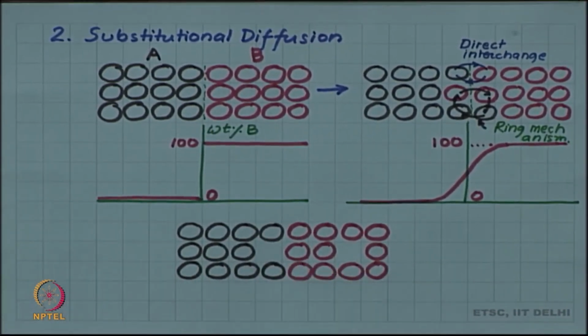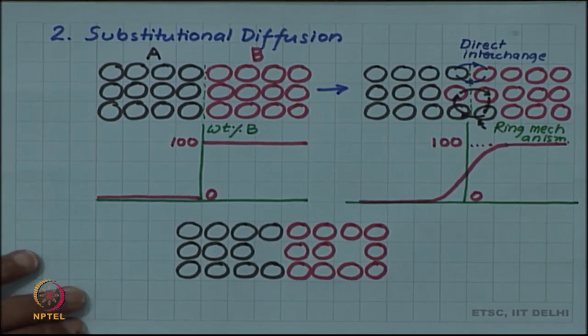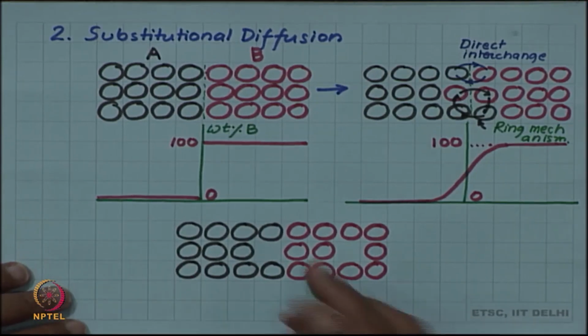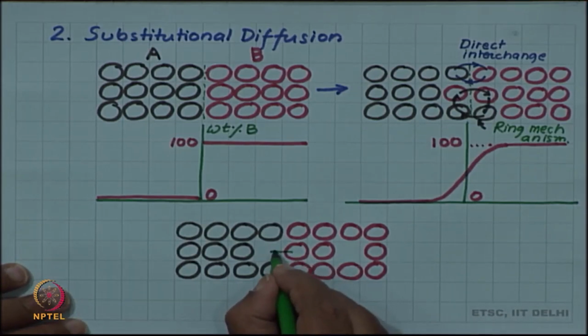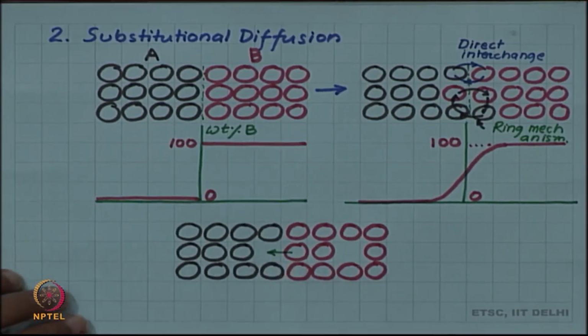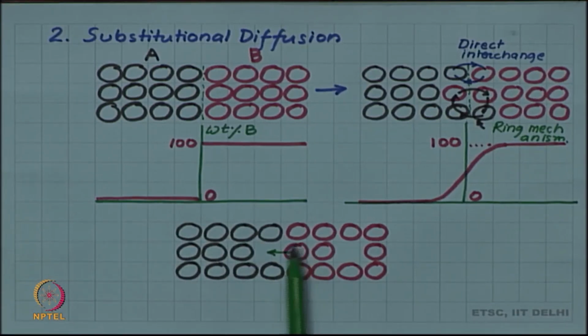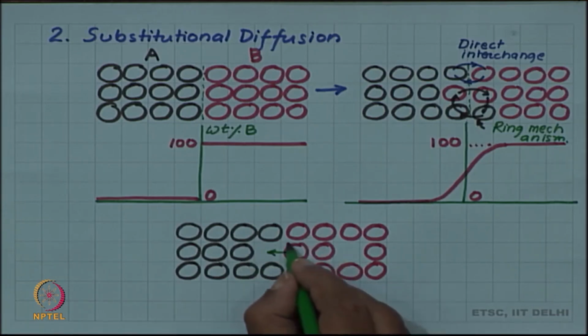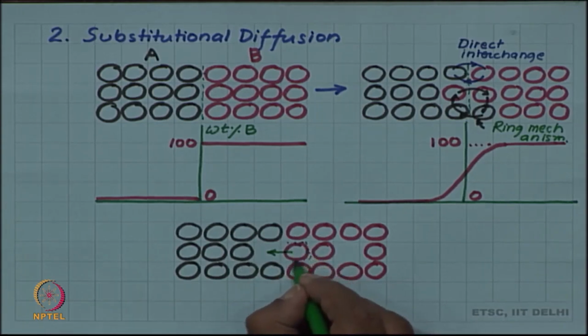So, there are some vacant sites in the crystal, and this is what aids diffusion, because an atom can jump into a nearby vacancy. If this red atom jumps into the neighboring vacancy, you can see that it has entered into the B side, and where it has jumped from, that original site will then be left as a vacant site, and some neighboring atom can jump into that site, and so on.